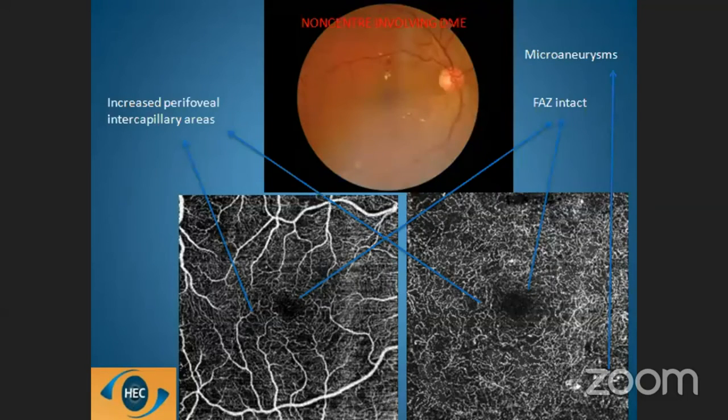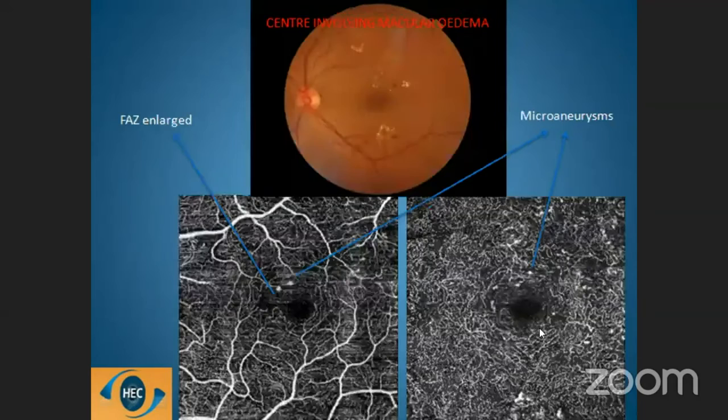This is another patient with non-center involving diabetic macular edema, and we can see increased perifoveal intercapillary spaces very clearly in both the superficial and the deep capillary plexus. This is a center involving macular edema, and one can see the FAZ is slightly enlarged over here with microaneurysms.